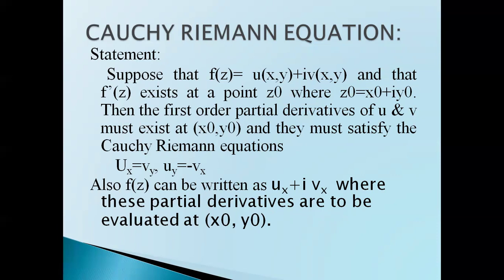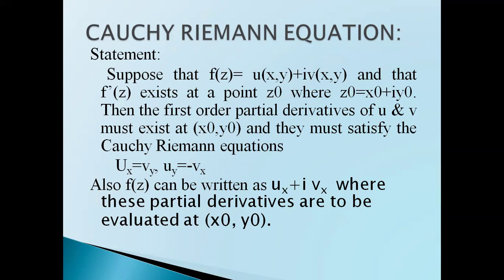Then the first order partial derivatives of u and v must exist at x naught comma y naught, and they must satisfy the Cauchy Riemann equation: ux equals vy, uy equals minus vx. Also, f dash of z can be written as ux plus i into vx, where these partial derivatives are to be evaluated at x naught comma y naught. So this is the statement.